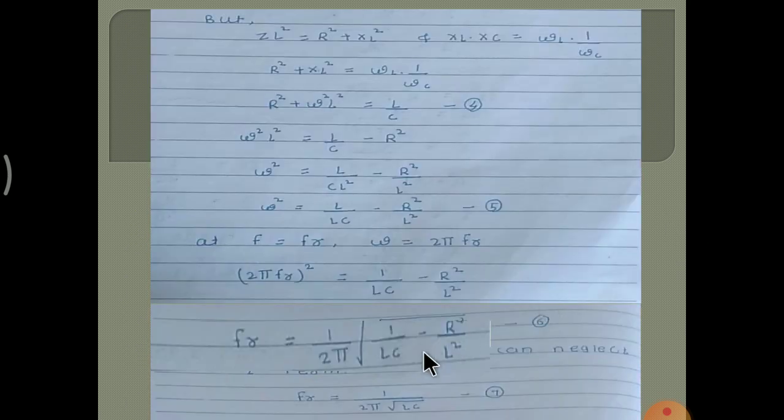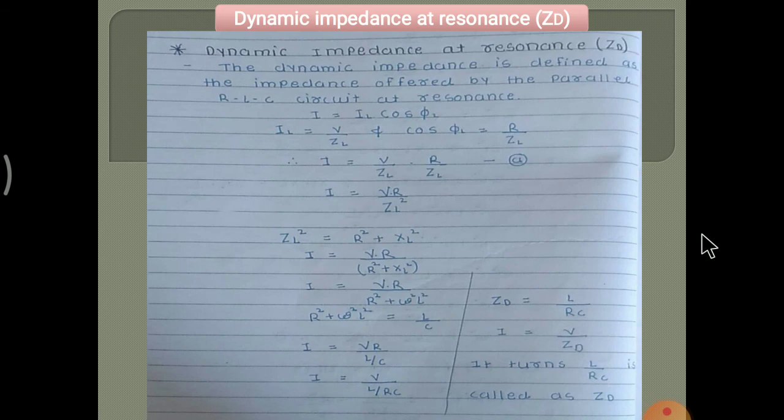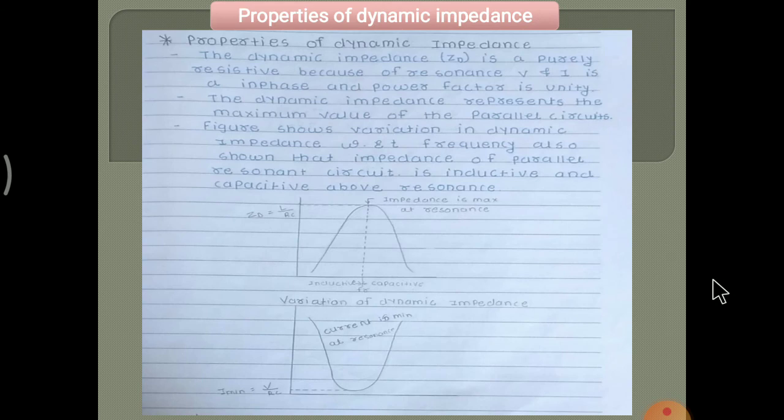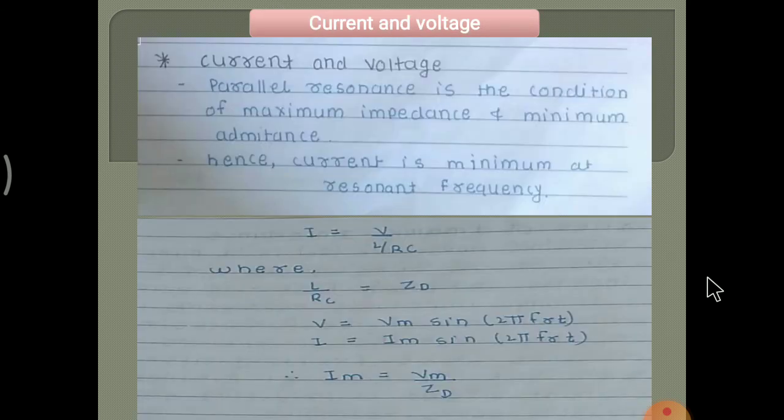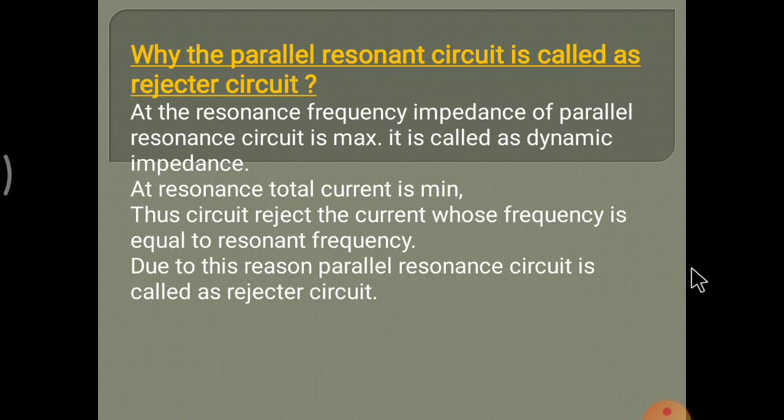We got the resonance frequency Fr equal to 1 upon 2 pi root LC. Then dynamic impedance ZD is equal to L upon RC. Then the properties of dynamic impedance, and current and voltage, Im is equal to Vm upon ZD. And why the parallel resonance circuit is called a rejector circuit.